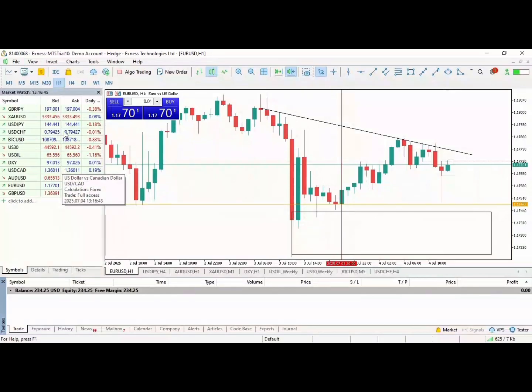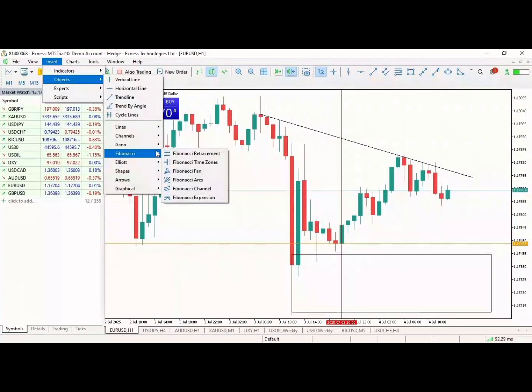So also in this trading platform, you have things like objects. In case some of the objects that you want are not up here, you can come and look for them here. Arrows, graphical, shapes, Elliott, Fibonacci, because there is Fibonacci expansion also. There is the Fibonacci channel. There are so many. Okay, I won't lie to you, some of these I've never even used them.